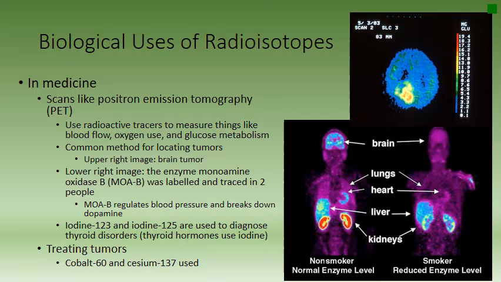Radioisotopes can also be used to treat tumors. When these isotopes decay, when they decompose, the energy and the nuclear particles that they give off can be used to damage or destroy cancerous cells.